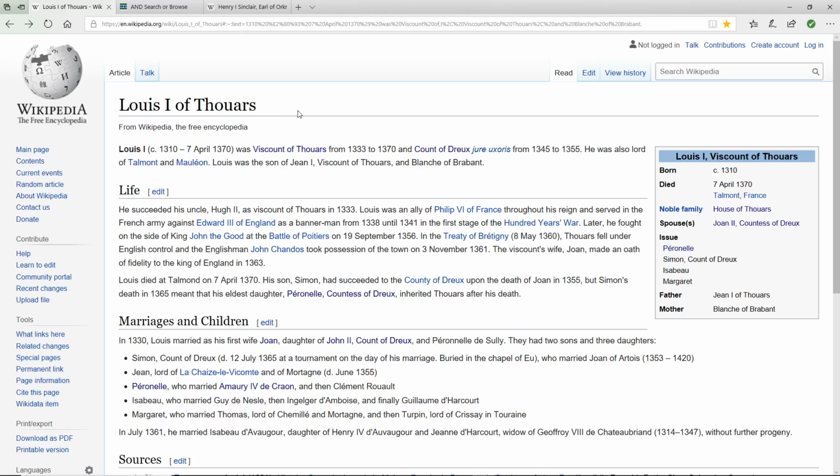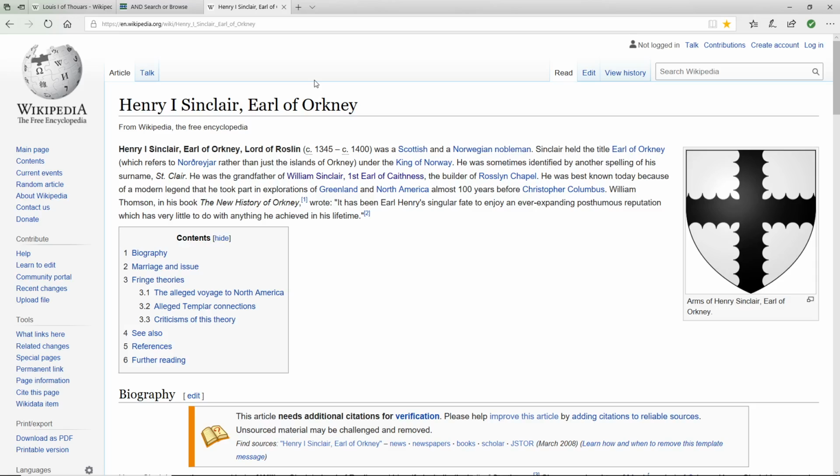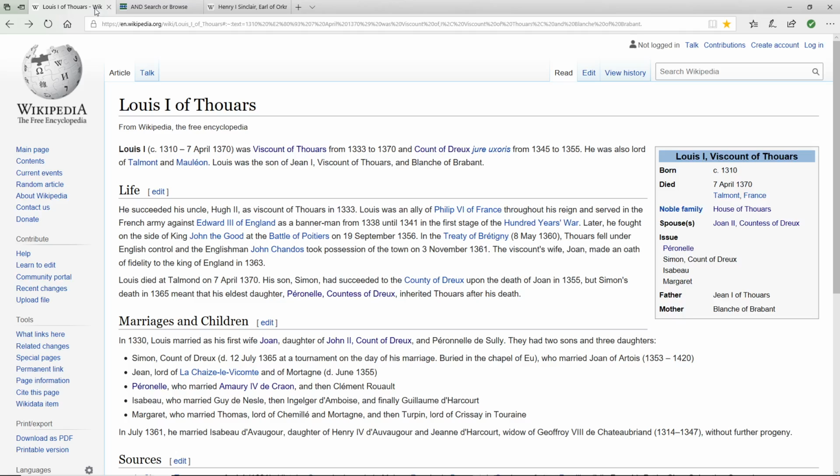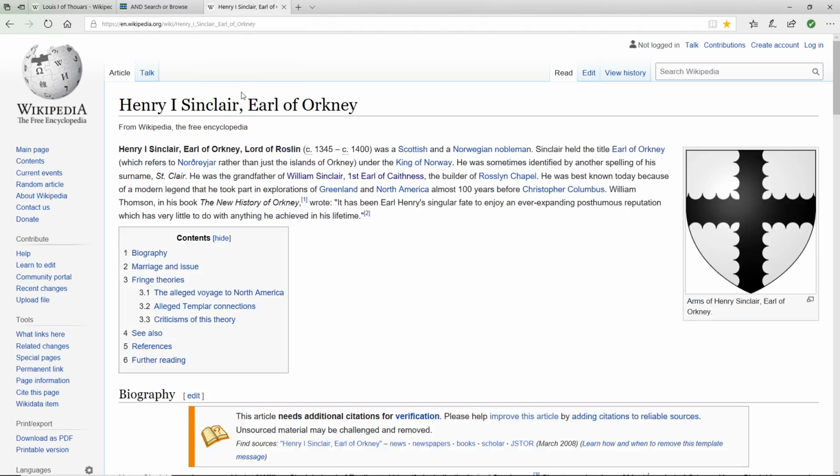He's a Norman, and also Henry Sinclair was a Norman, and he was the person who has a legend that he came to North America 100 years before Christopher Columbus. And I think that his family is connected with the House of Thayars. I'm not going to get into it, it's very long. But I don't believe that this Henry Sinclair, the one that went over, was the one that accompanied Louis the First over to his Oak Island adventure.